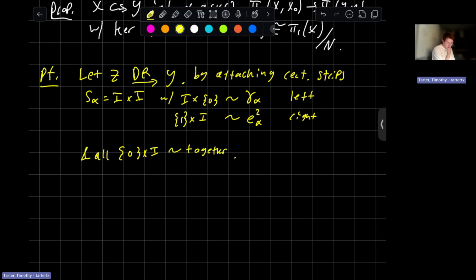The top edges of the strips are not attached to anything, and this allows us to deformation retract Z onto Y.